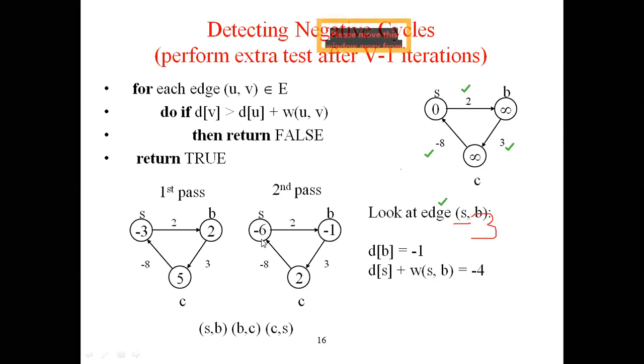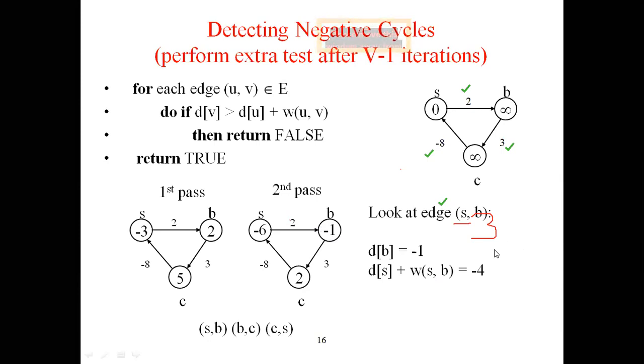That is minus 6 plus 2, which is minus 4. Already minus 1 is there at B. Compare minus 4 and minus 1. The minimum value is minus 4.